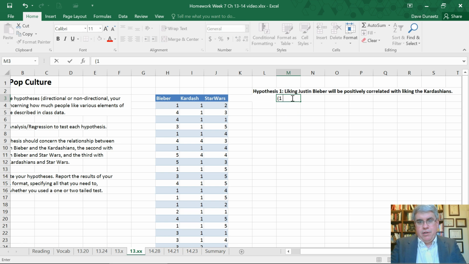So we can put in here, in parentheses underneath, one-tailed hypothesis.